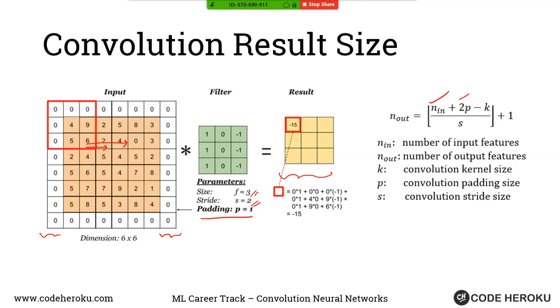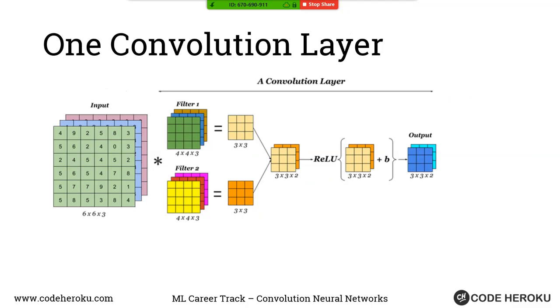So if you move the filter more every time, the output size will be less, plus 1, just because these things are odd, I guess. So to adjust for that, you would add a plus 1 in the formula. Okay, so let's do a quick example just to make sure we understand this concept.